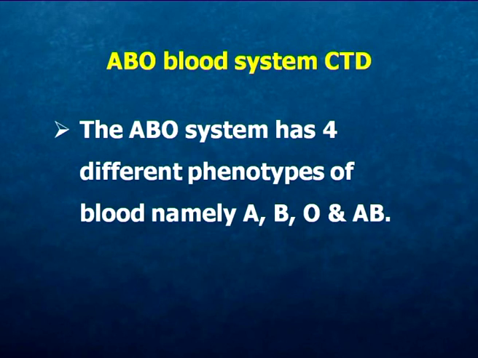So that way there are two systems, the ABO system and the RH system. So we have a combination of elements of these two systems as phenotypes. The ABO system has 4 different phenotypes of blood, namely, what are they? A, B, O and AB.